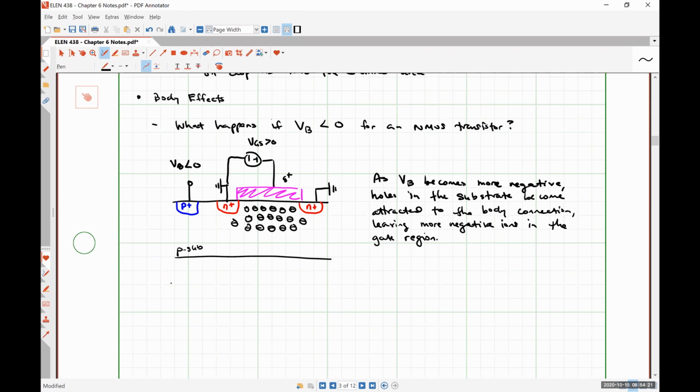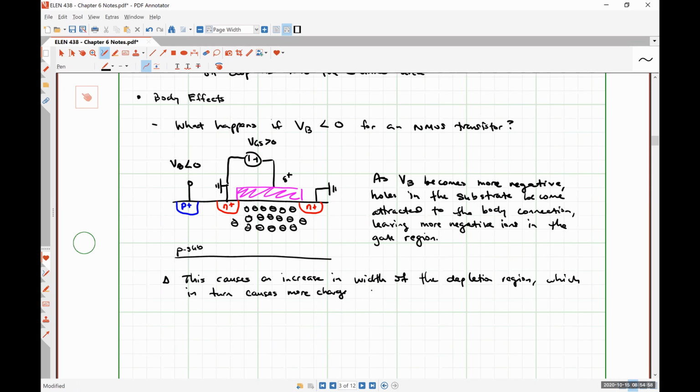So this phenomenon then causes an increase in width of the depletion region, which in turn causes more charge to be stored in the depletion region.